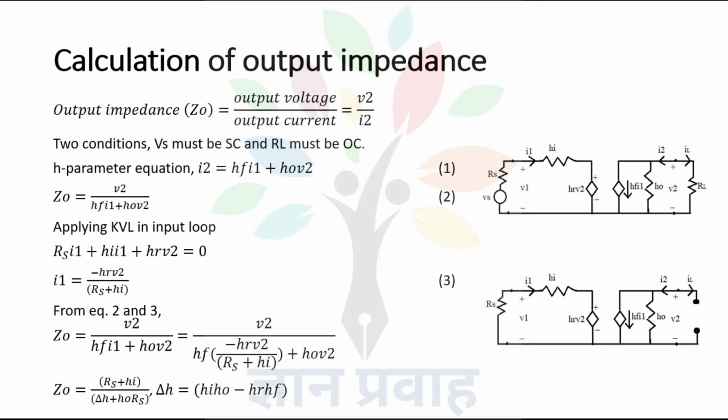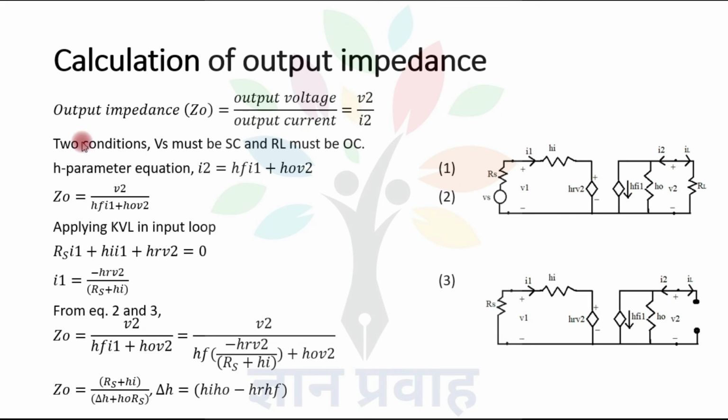The last important parameter is output impedance, and its calculation is something different. Output impedance is represented as Zo, and it is the ratio of output voltage to output current, V2 upon I2.